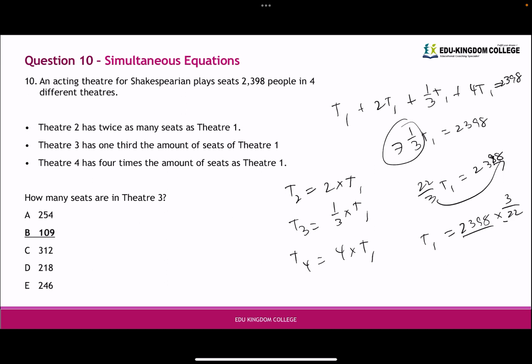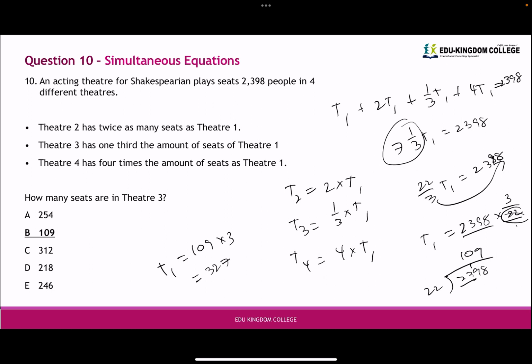Let's divide by 22 first. 22 goes into 23 1 time, carries 1 over, goes into 19 0 times, so 198, 22 goes into 198 9 times. So 109. T1 equals 109 times 3, because we've only divided by the 22 so far, which equals 327.